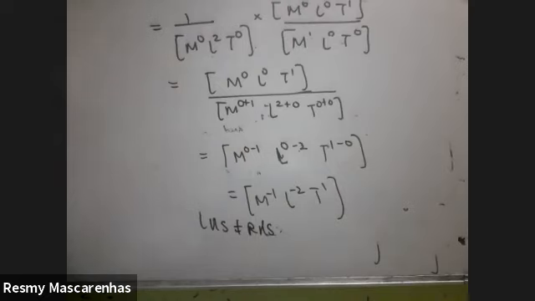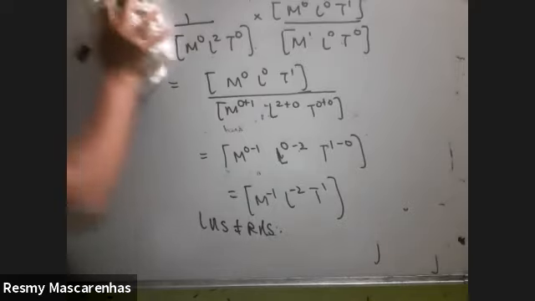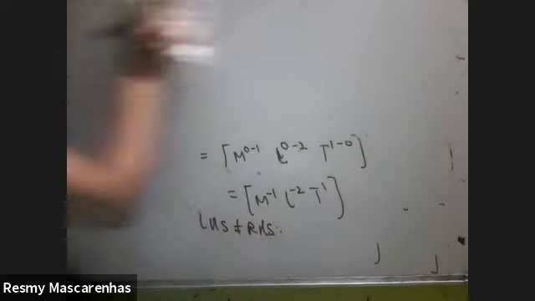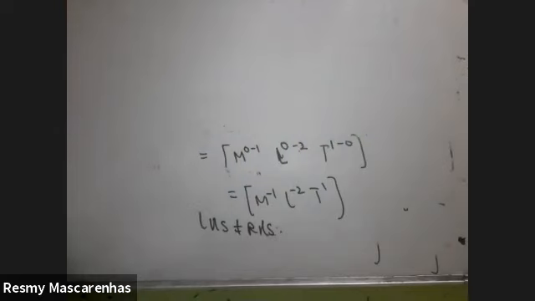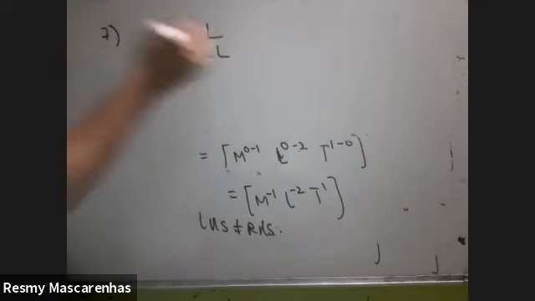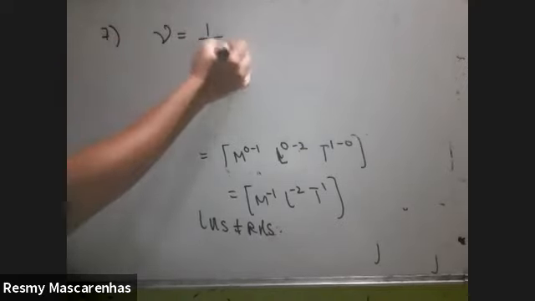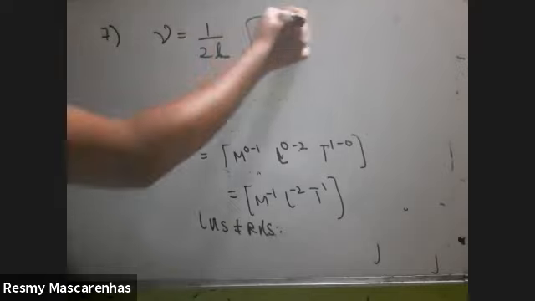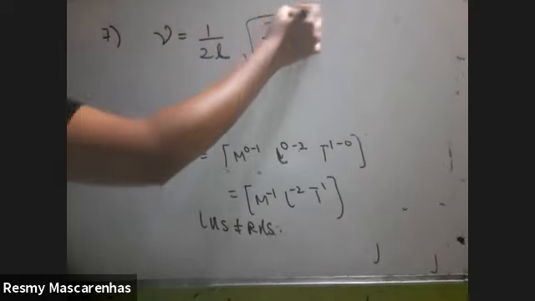Now the same formula, you see, even the letter which they give makes a big difference. Same formula I'm giving, so you have to be careful while reading. So this is 1 by 2l, root of T upon m.